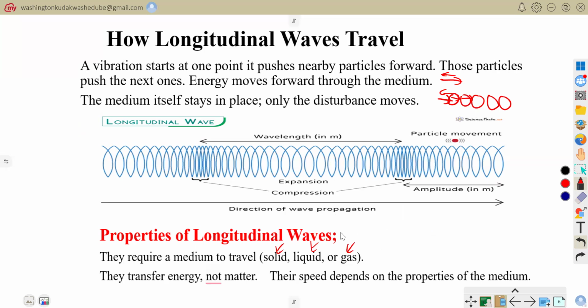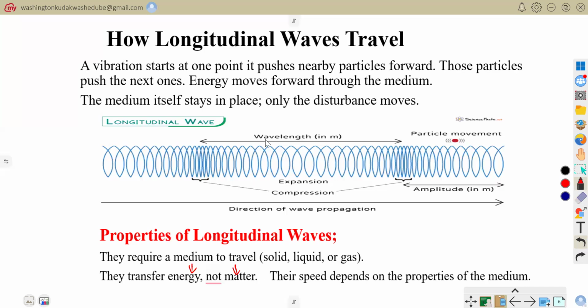If there are no particles, then there won't be any movement within this medium. Our energy won't be transferred from one particle to another, and therefore there is no wave. So there is only transfer of energy, not of matter. Matter stays in one place.